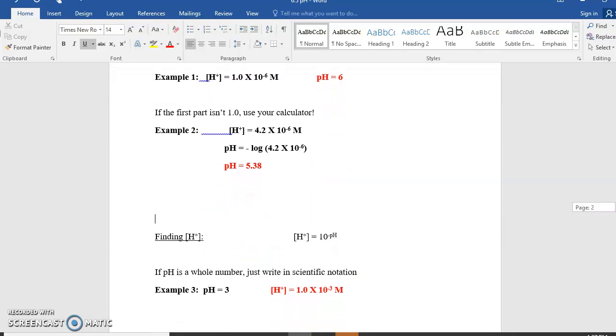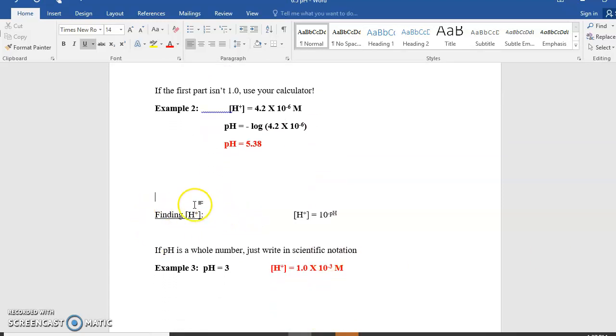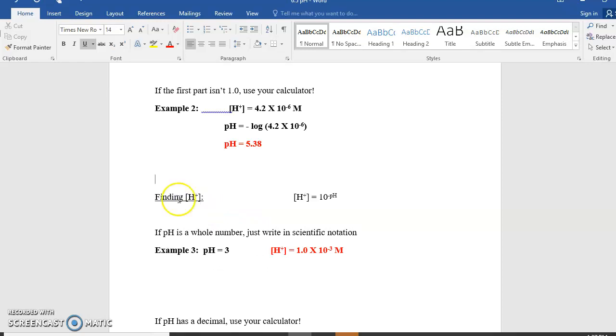Okay, we can also do this the other way around. If I give you a pH, you should be able to calculate what the hydrogen ion molarity is going to be, so finding that. All you have to do is take 10 raised to the power of the negative pH. If the pH is a whole number, like here we're given pH is just 3, we're just going to rewrite it in scientific notation. If pH is 3, H plus ion concentration is 1.0 times 10 to the negative third molarity.